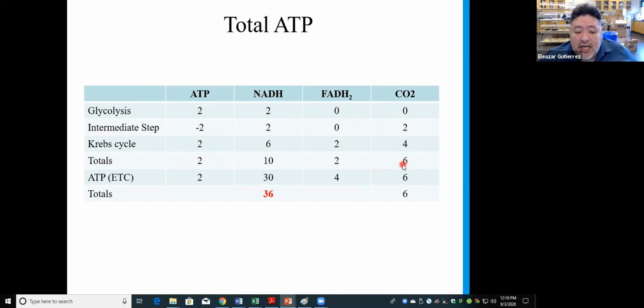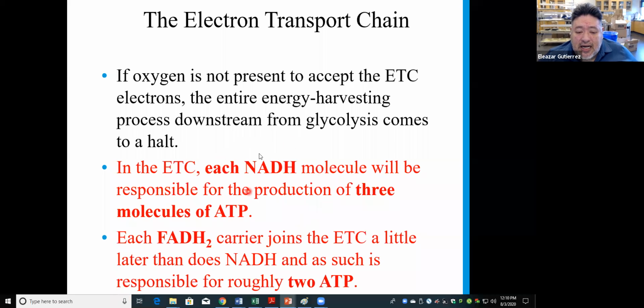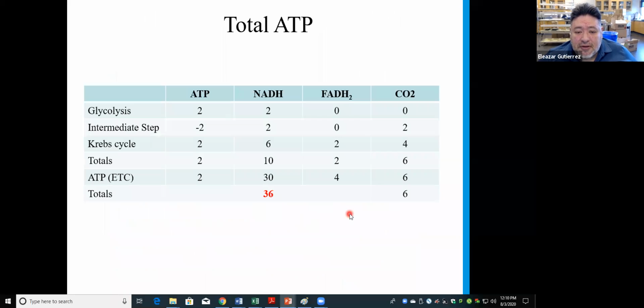Now what am I doing? I'm going to take these guys and multiply them by how many ATPs they made. So remember, NADH makes 3 ATP, and FADH makes about 2. So the 2 ATP just carries over. 10 times 3 is 30. 2 times 2 is 4.